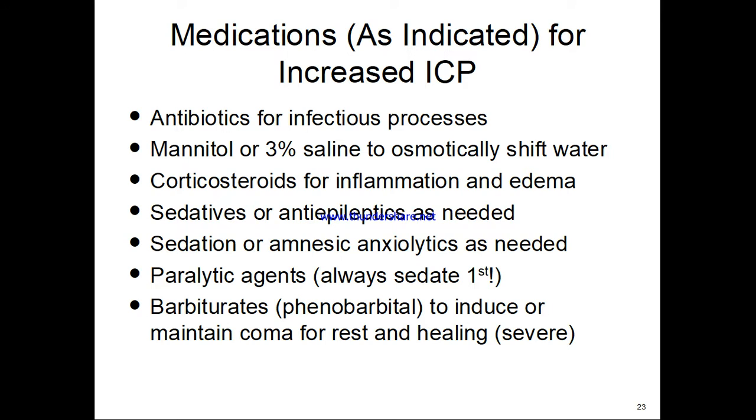We could give corticosteroids IV to address inflammation and edema. Give sedatives or anti-epileptics as needed to keep the patient calm and also not seizing. Sedation or amnesics, anxiety medications keep the patient calm and relaxed, especially if they're intubated, very important.